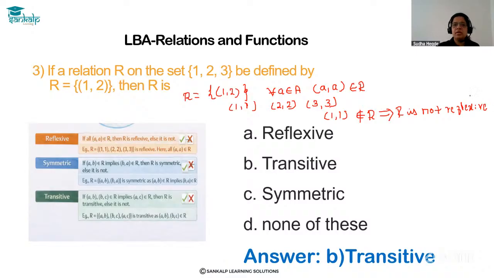Next. (1, 2) belongs to R. It's given. If (2, 1) also belongs to R, then you can say it is symmetric. But (2, 1) does not belong to R. That implies R is not symmetric.